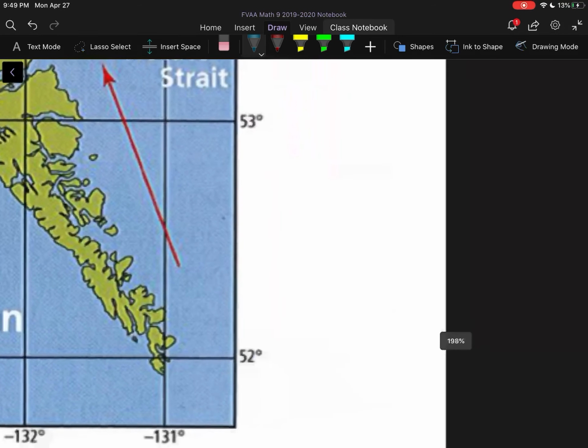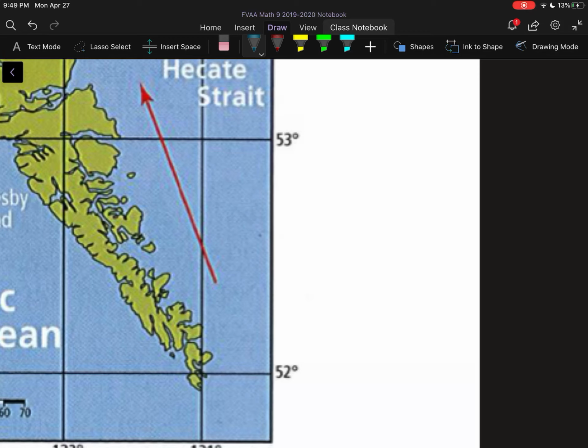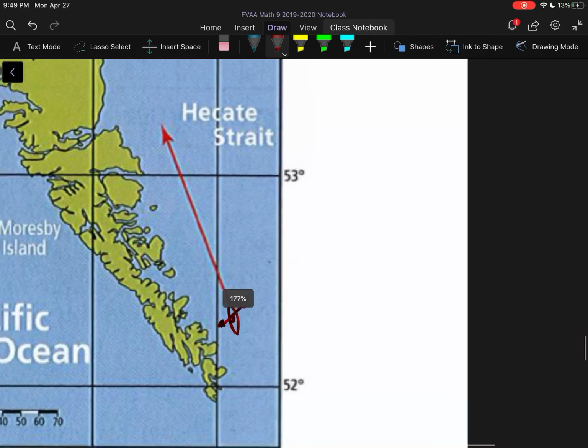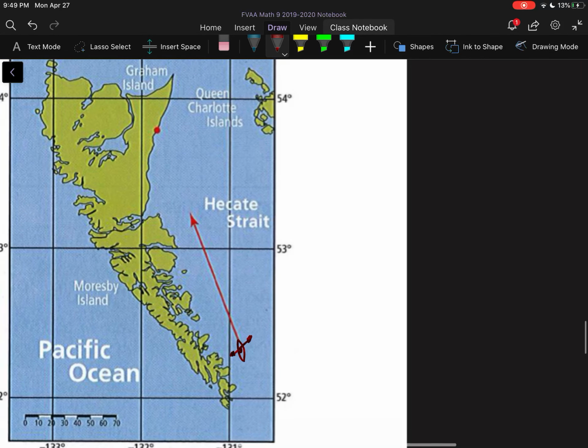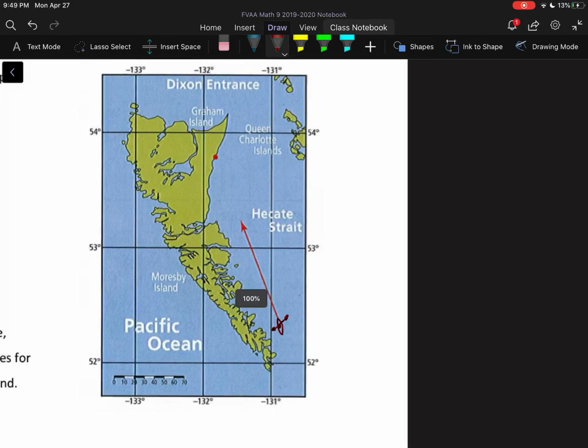So this is Anna right here. Okay, Anna's kayak started here. All right, she's rowing, right? And she is heading towards Graham Island. Awesome.